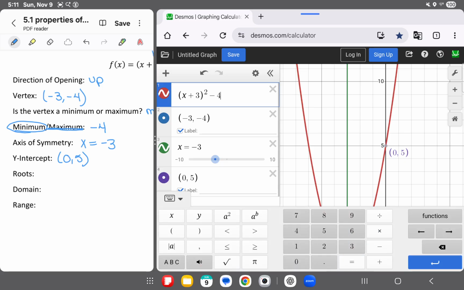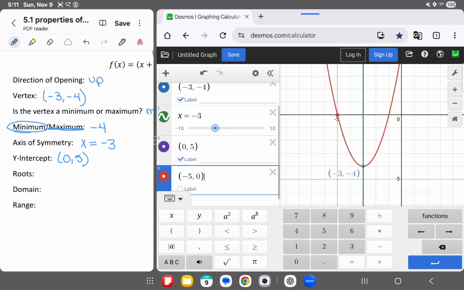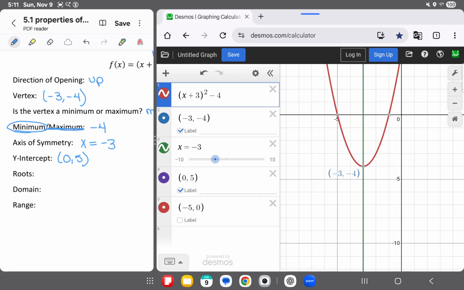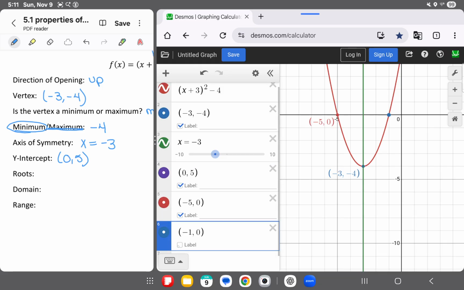Again, I'm going to click on my function. I might have to drag it a little bit, but then I can just click on those and get those points, and I'm going to have them both labeled. There we go. So we have roots at (-5, 0) and (-1, 0).